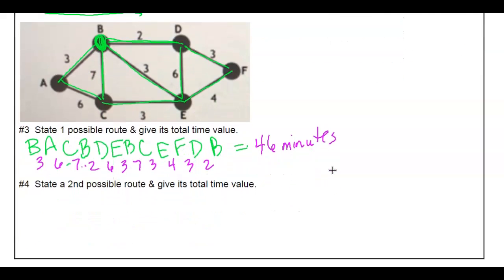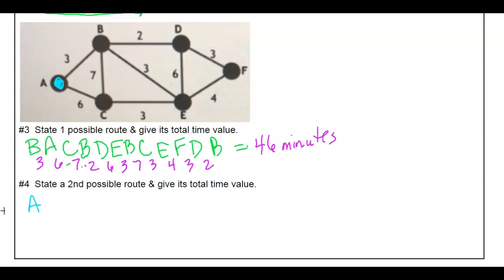And then I just say state a possible second route. So I'm going to get rid of this because I need to see my colors so I know that I've hit everywhere. Sure, let's do blue. So let's start somewhere else. What if we start at A? I'm going to write my numbers down as I go. So I really can go anywhere, I guess.